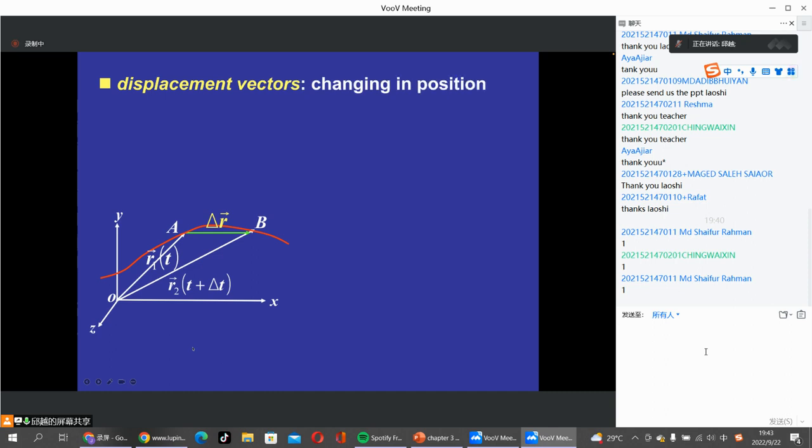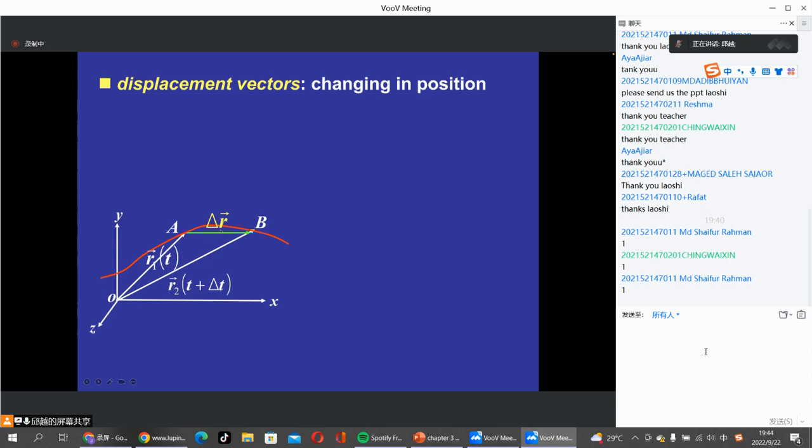Just now we learned the position vector, and with the position vector, we can give you the introduction of displacement vector. The displacement vector describes the change of position, or we can say changing in position. Here we have 2 points, A and B, and the position vector for point A is r1.